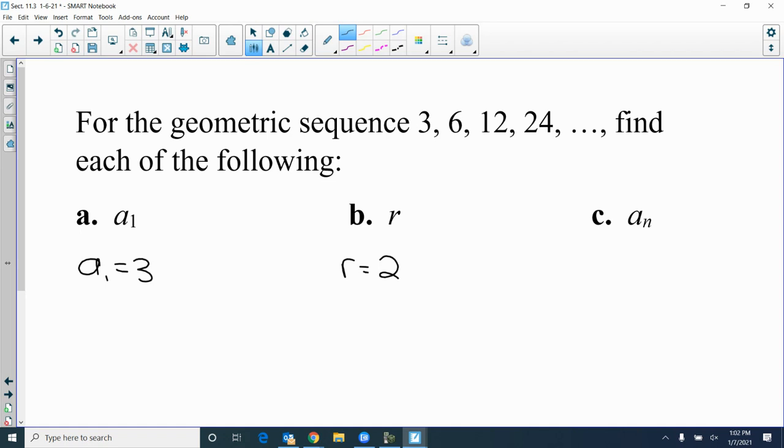So A sub n is the first term times r to the n minus 1. So it's going to be 3 times 2 to the n minus 1. So we're not actually solving for a value. All we're doing is just writing down the general expression for that one. Because I think a couple of your homework problems ask for A sub n, and there's a tendency to want to do too much. This is all you got to do. Just done.